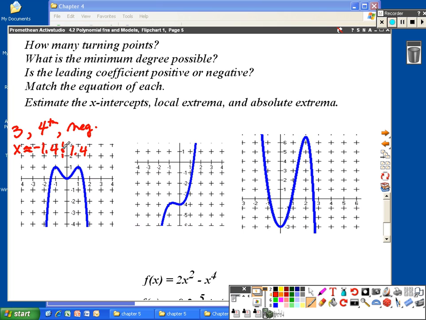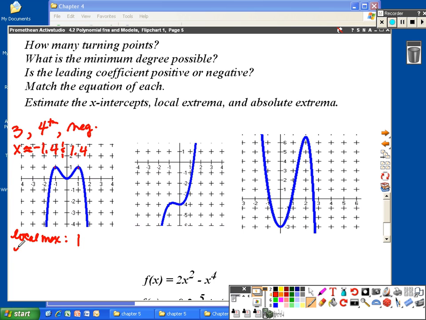Remember, local are all low points and high points. Absolute are the lowest and the highest. So I have a local maximum at -1 and +1. So local max, -1, 1 at 1, so that's a y value.